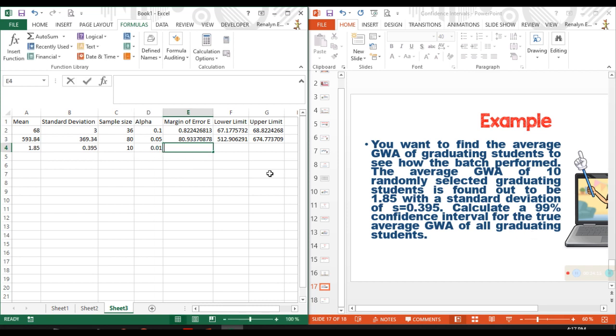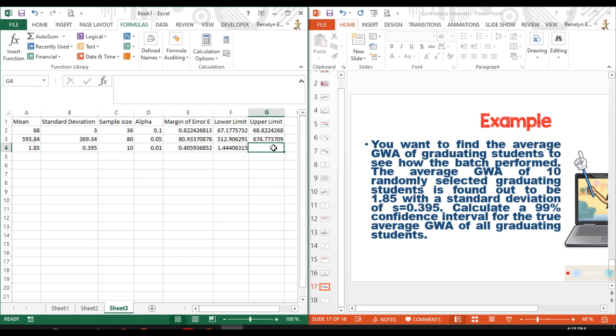Margin of error natin, hindi na po tayo confidence.norm. It is confidence.t. Ito na po yung kailangan natin. And then input your alpha, your standard deviation, and then your sample size. You will end up with 0.45936852. For the lower limit, just input your mean minus the margin of error.